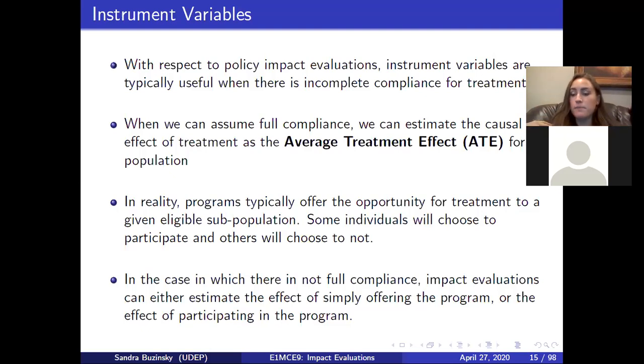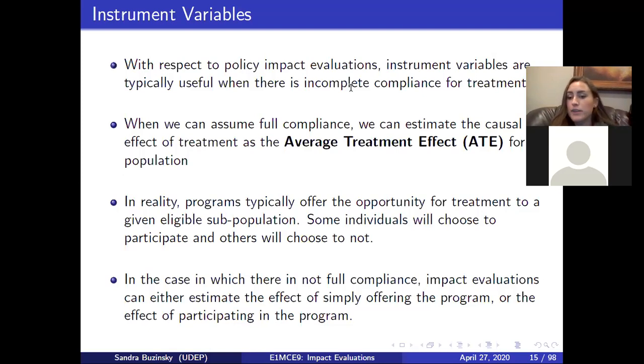And maybe some people in the control somehow do receive treatment. Then we don't have perfect randomization. We have generated selection bias in our experiment because after randomization, some people do receive treatment that aren't supposed to, and vice versa. That creates selection bias because people are choosing afterwards to treat or not to treat.